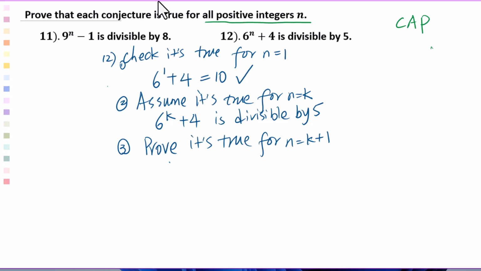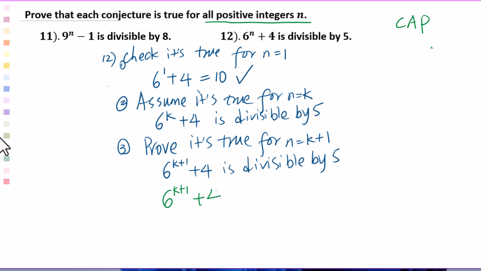We want to prove 6 to the k plus 1th power plus 4 is divisible by 5. So we get started from 6 to the k plus 1th power plus 4 equals.